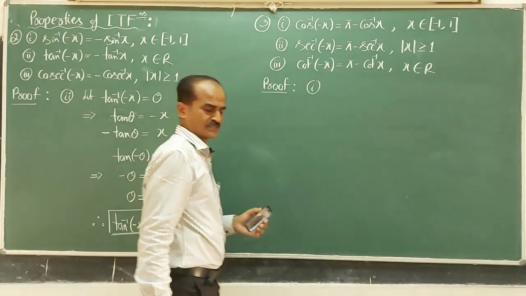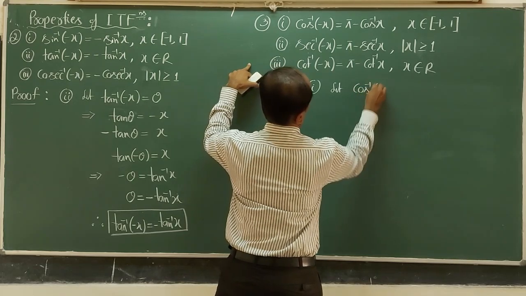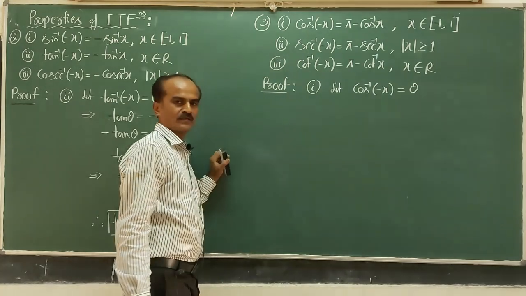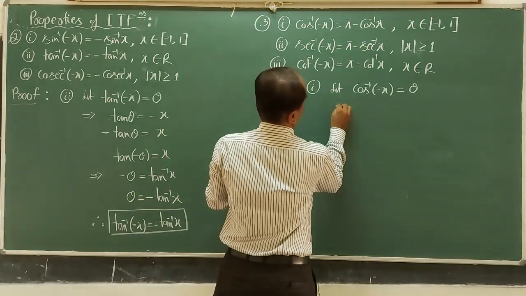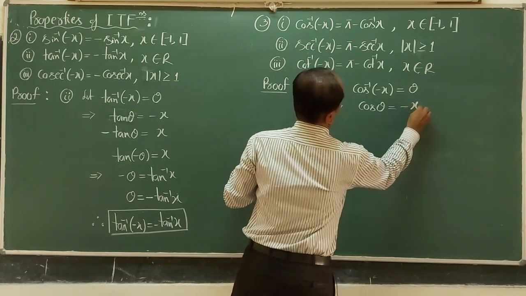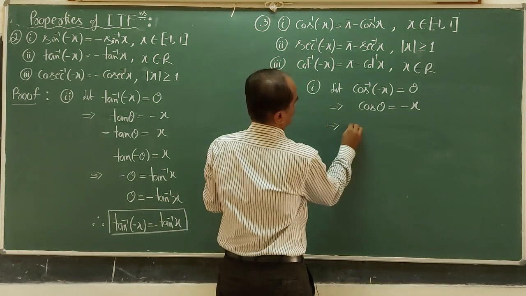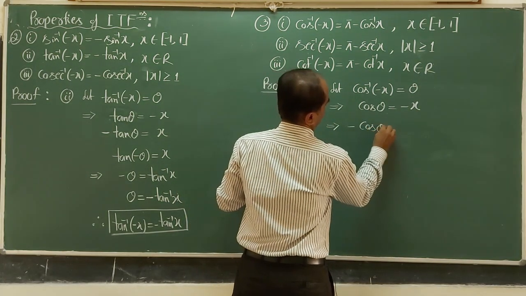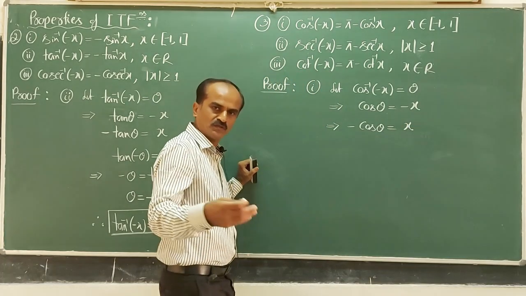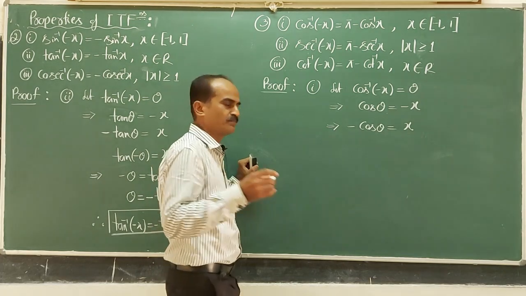Now, let me prove this. Let cos inverse of minus x equal to theta. This implies cos theta equal to minus x. I multiply both sides by minus sign. Minus cos theta equal to x. Using allied angles, what can I write for minus cos theta? Cos of pi minus theta.